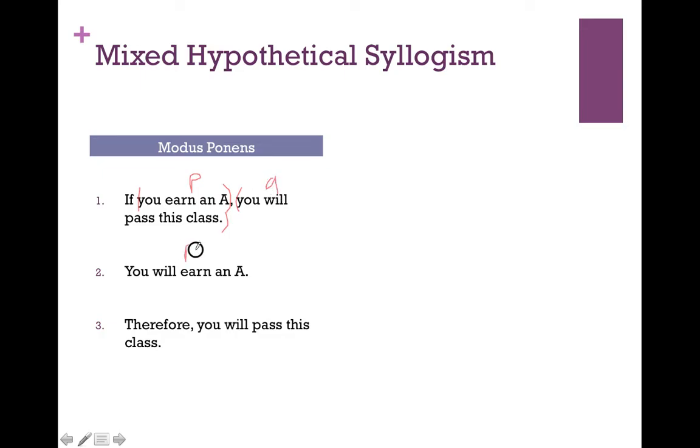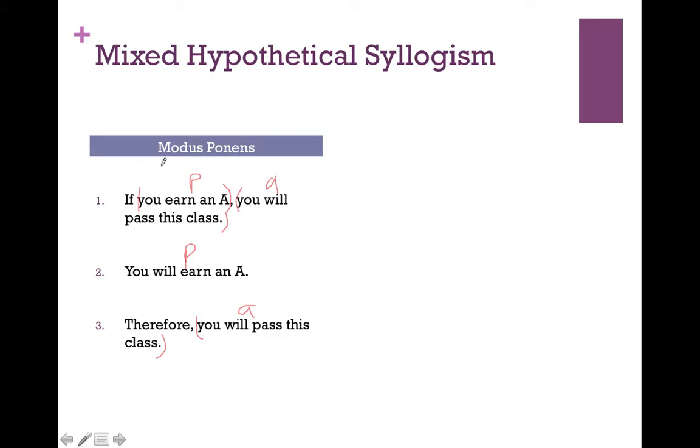And then we see P occur again. You will earn an A, or you earn an A. It's just a difference in tense, but that doesn't make a difference in the proposition. And then Q right here, and you see that pattern repeated. And so this has the form: if P then Q, P, therefore Q.